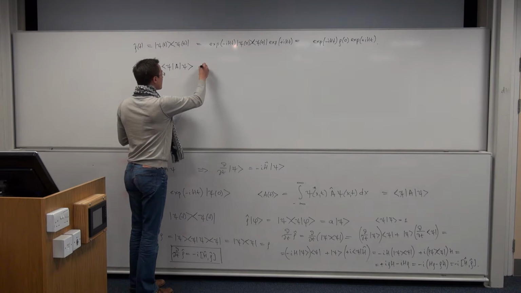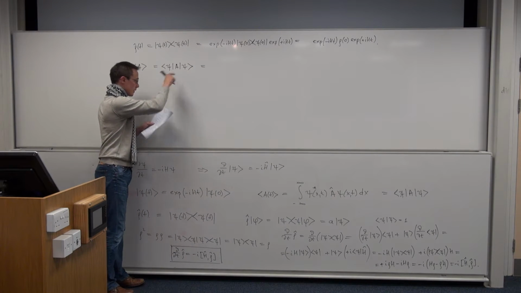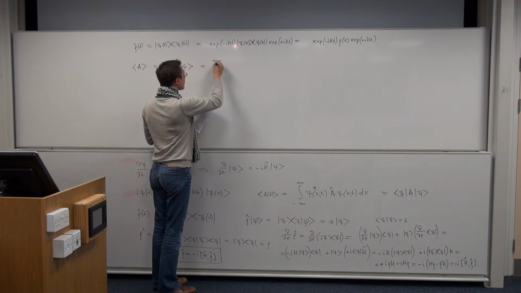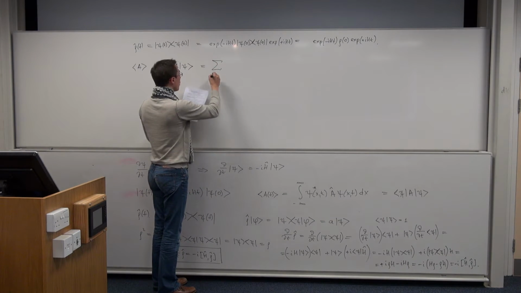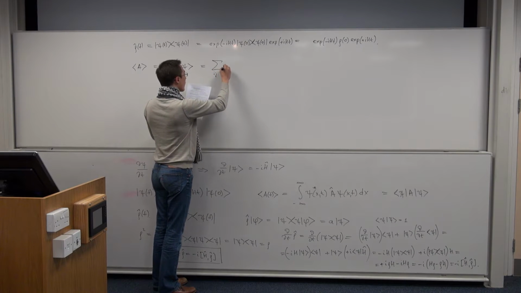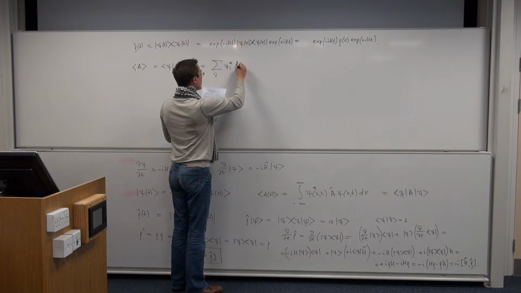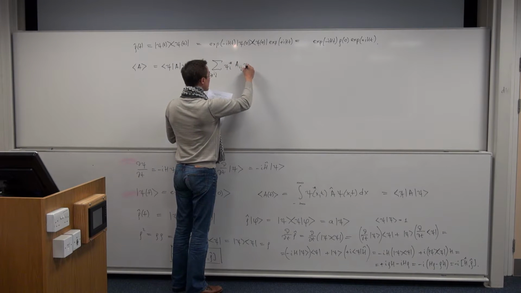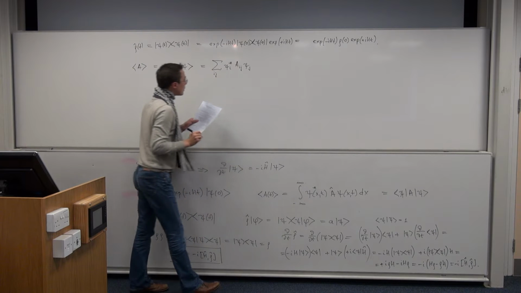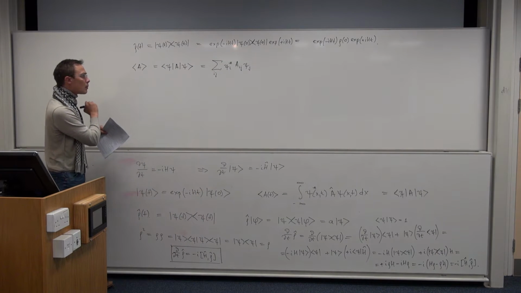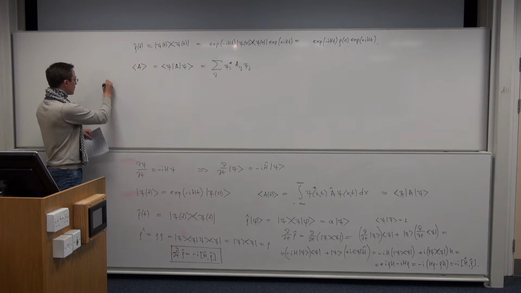So if that's a vector, that's a matrix, and that's a vector, then this is defined, in fact, as a sum over ij psi complex conjugate I, a ij psi j. There's something here that I guess I should put an aside about. This relation is very useful.